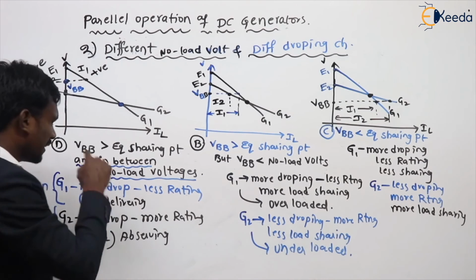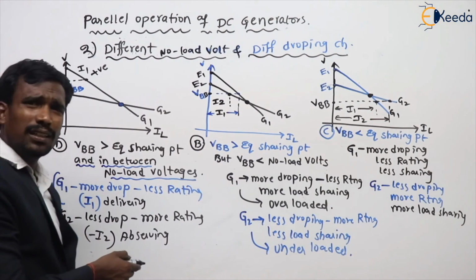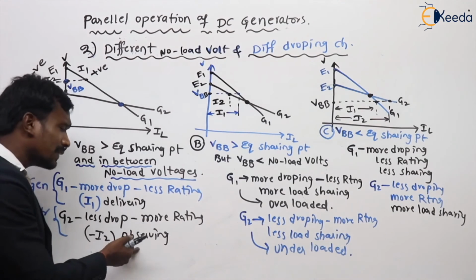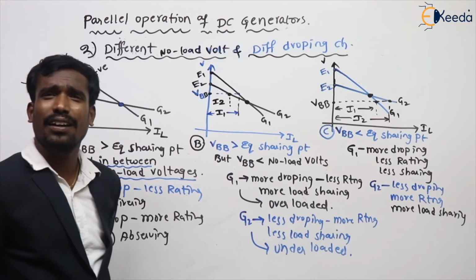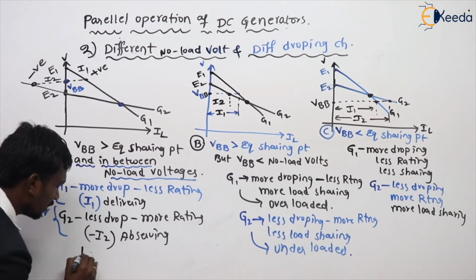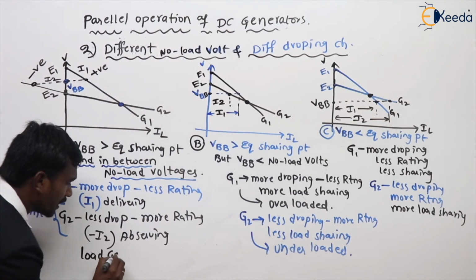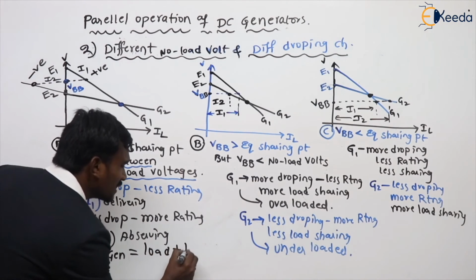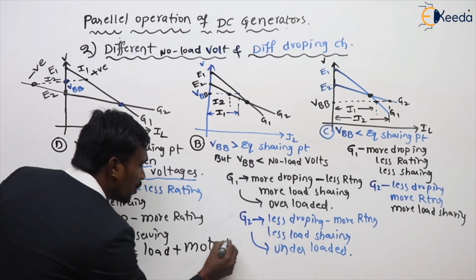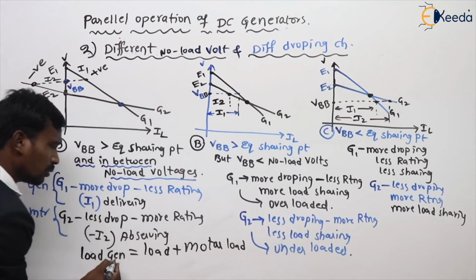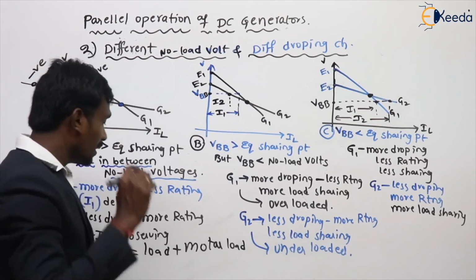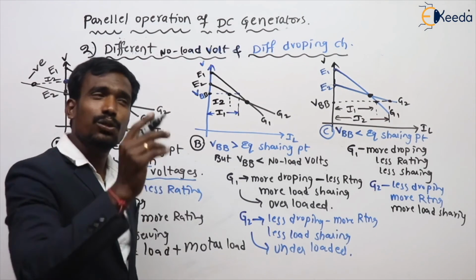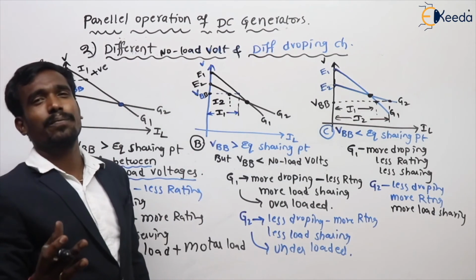Sir, it is delivering, okay. Sir, how is it observing? Because it is delivering, that current is observed. Some part of the current is observed by this motor. So here the load of the generator is equal to actual load plus motor load. The generator has to deliver power to the load and for the motor.